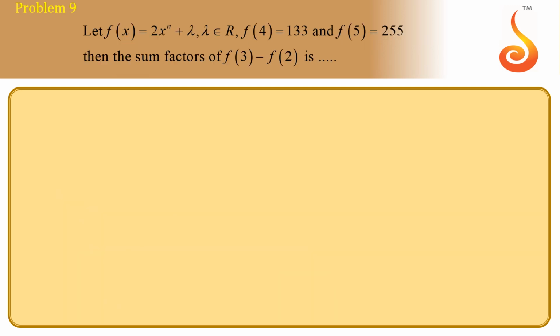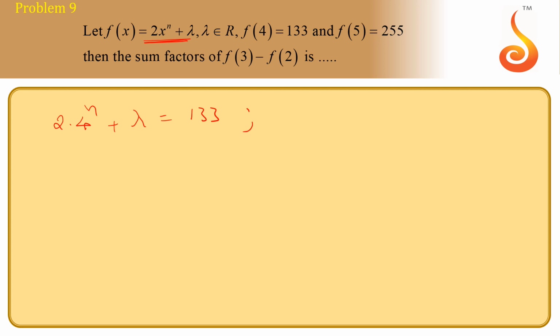So f of x is given as 2x power n plus lambda, where lambda is a real number. F of 4 is 133, f of 5 is 255. Then we want the sum of the factors of f of 3 minus f of 2. So what will be f of 4 here? It will be 2 into 4 power n plus lambda, which is given as 133.